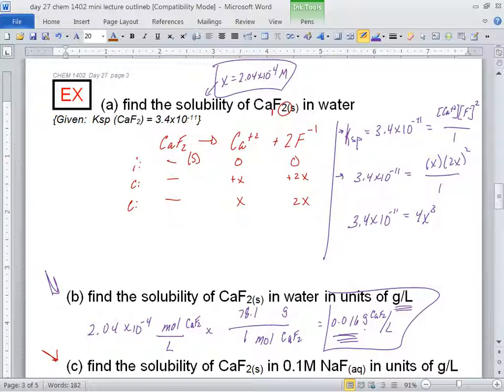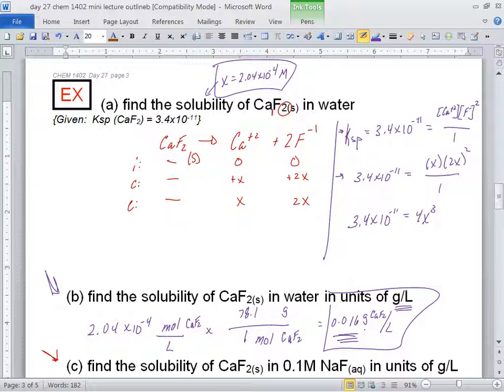Think of the French guy, his principle, Le Chatelier. We are now adding a product. We have too much product. Equilibrium has to shift towards reactants, shift back to the solid.